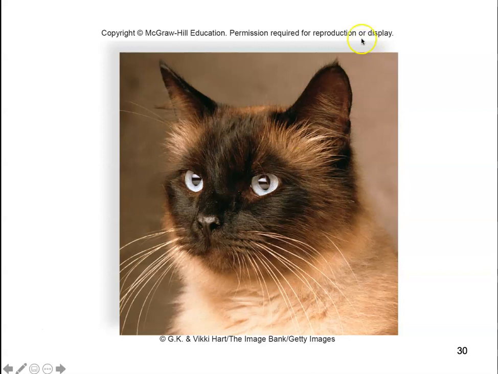These are areas where the temperatures are cooler, so they're dark. Where they're warmer, it's lighter. It's an inherited genetic trait, but you can actually see it in the color of their fur. So that's another illustration of the effect of temperature on an enzyme.